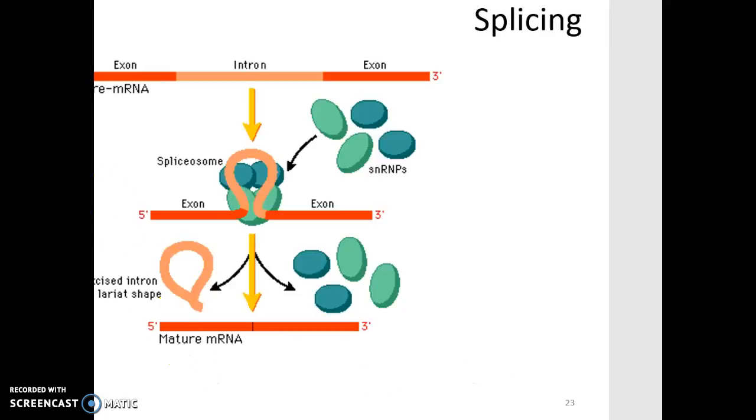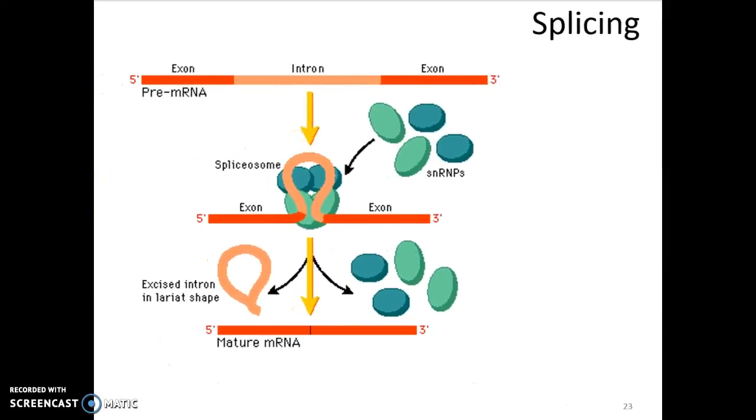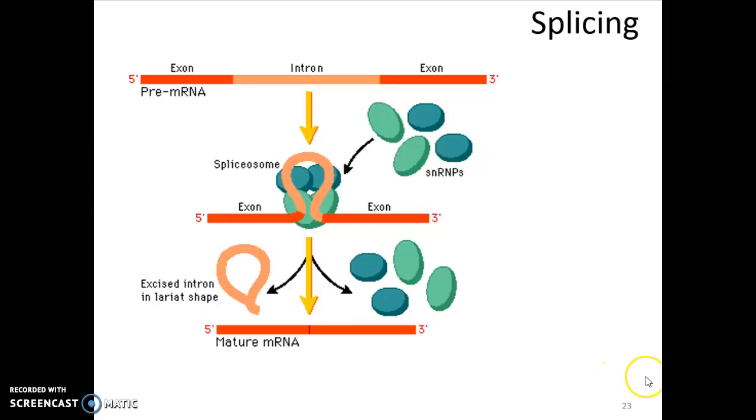So here's a picture of what that might look like. Here's our pre-messenger RNA molecule, and we want to get rid of this intron, and here are the SNRPs. They're made of little proteins and little RNA molecules. They will be attracted to sites at the exon-intron boundaries, these sites right here, called splice sites.